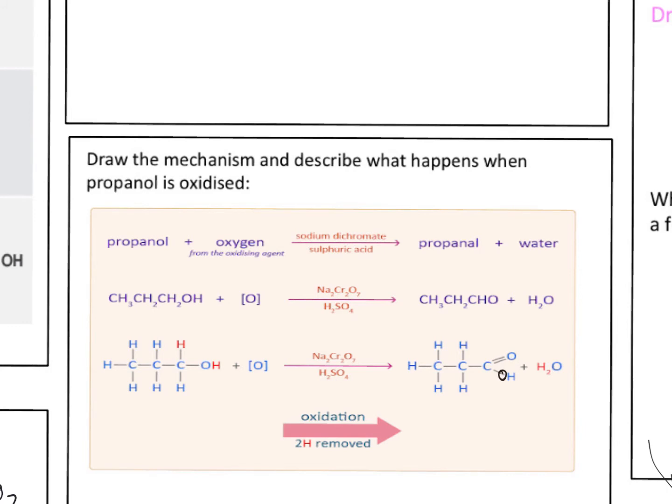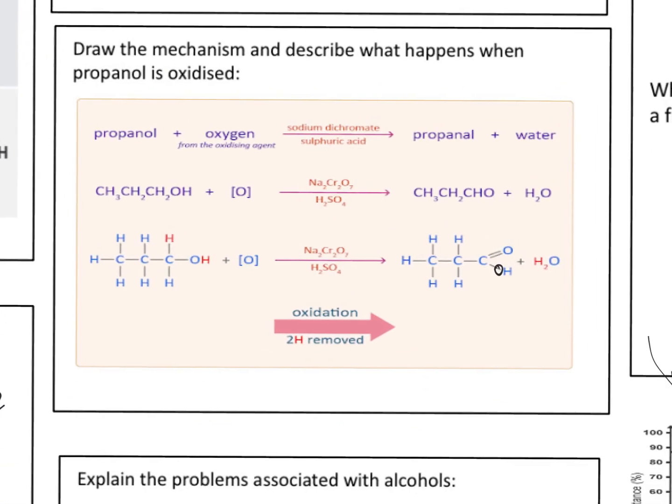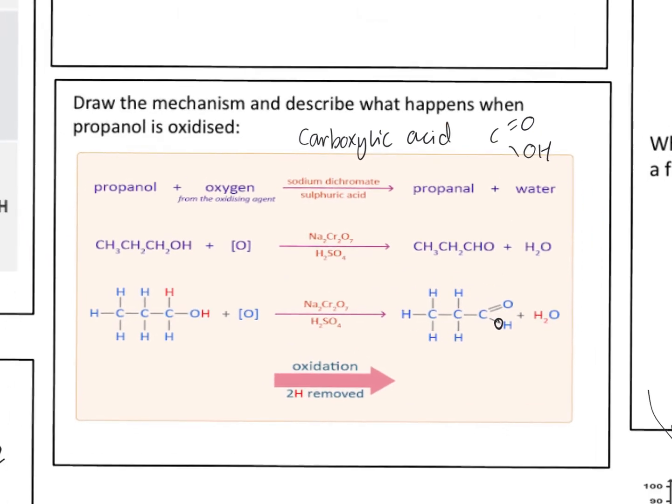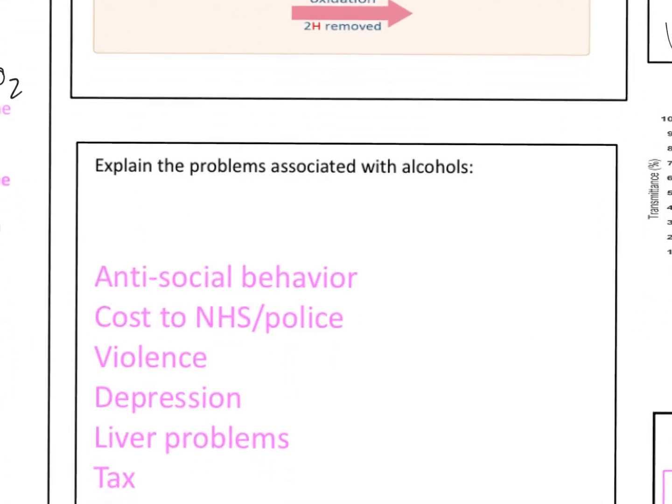So it goes from being an alcohol to being a carboxylic acid. That looks like that. So it's just gaining oxygen. You don't need to know much about it, you just need to know the symbol equation that it could happen.